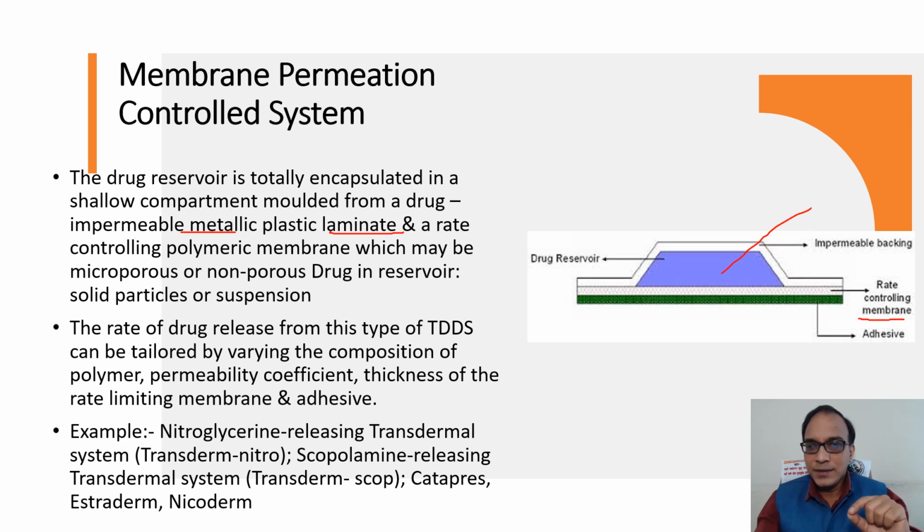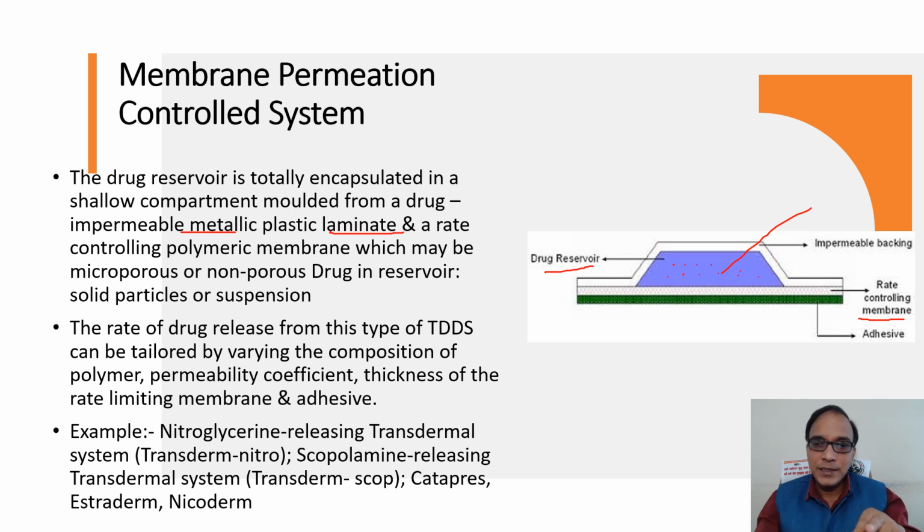The drug reservoir is backed with the impermeable backing, and this may be microporous or non-porous. Most of the time it is made of EVA copolymer. The drug in the reservoir is in solid particle or suspension form.